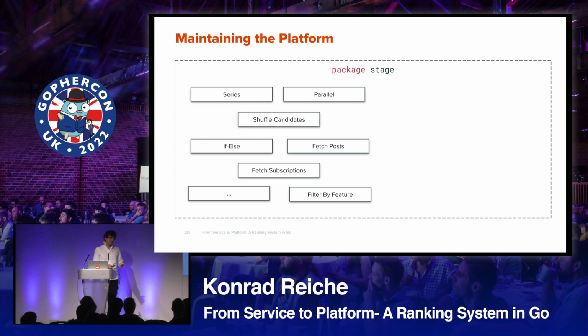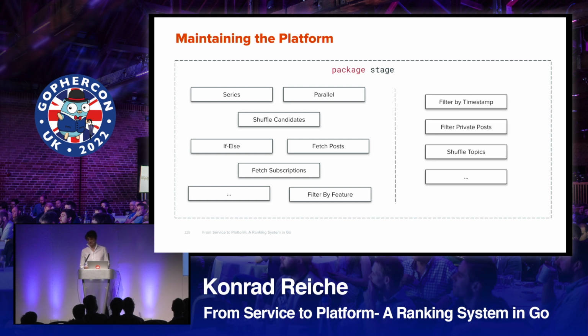So we have a base of existing stages, but then each product comes with its own unique set of requirements, which is completely normal. They have to add new stages in order to be able to build their ranking pipelines. And as a platform, we need to make sure that new stages can also be used in other pipelines.